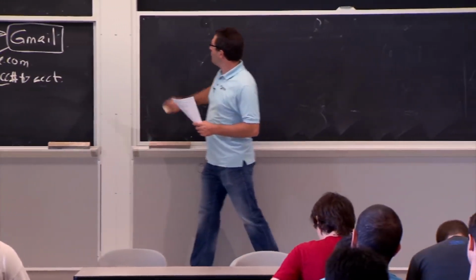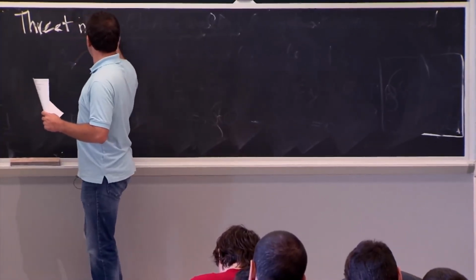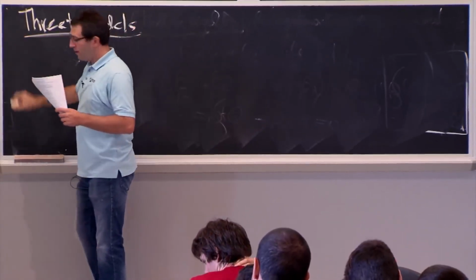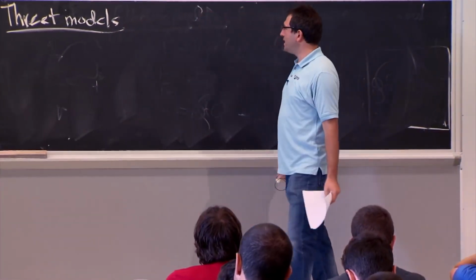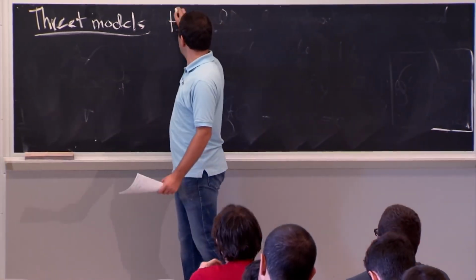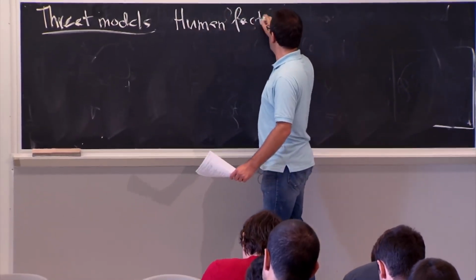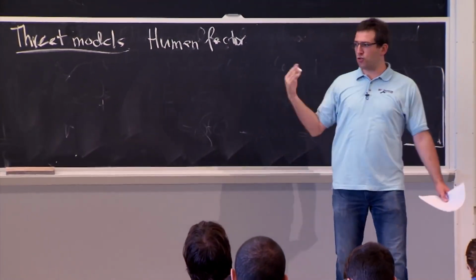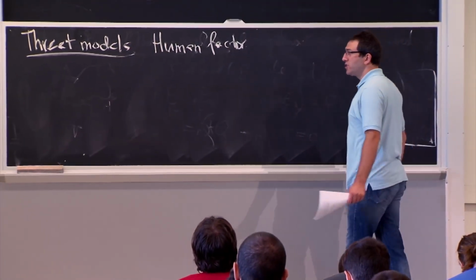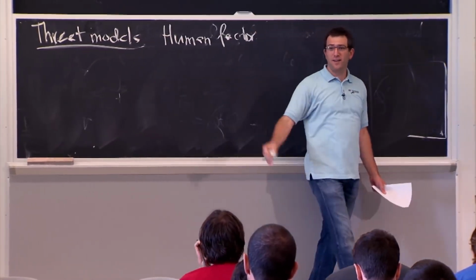OK, so what are examples of threat models that go wrong? Well, probably a big one in practice is human factors. We often make assumptions about what people will do in a system, like they will pick a good, strong password, or they will not click on random websites that they get through email and enter their password there.